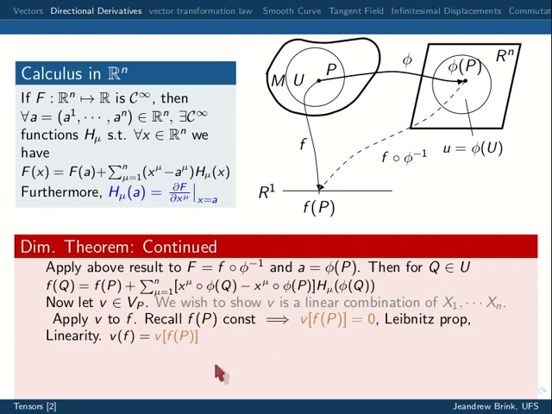So V of f is equal to V of p, which we've just argued is 0, plus, we're first going to apply V over here, V times this h mu circle phi times this thing. But this thing then we have to evaluate at q equals p.